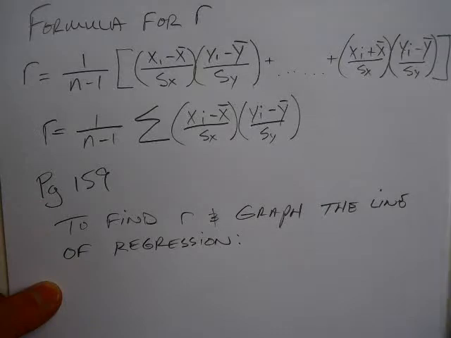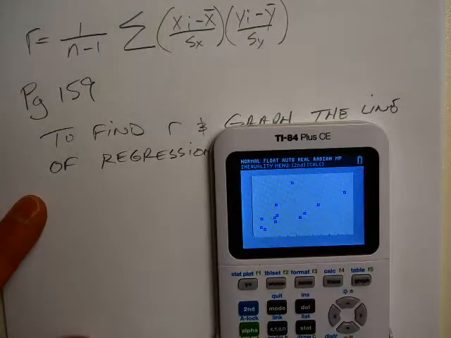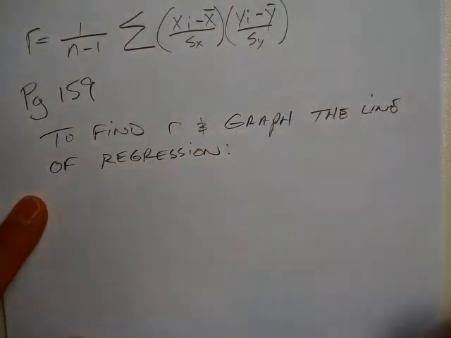By the way, anybody want to make a guess? Is R going to be positive or negative? Positive. Do you think it's pretty scattered? Is the number going to be closer to 0 or closer to 1? What do you think? Any guesses on that? Like maybe halfway between? You think like a 0.5, maybe 0.6, something like that? Okay. We'll see here in just a bit.